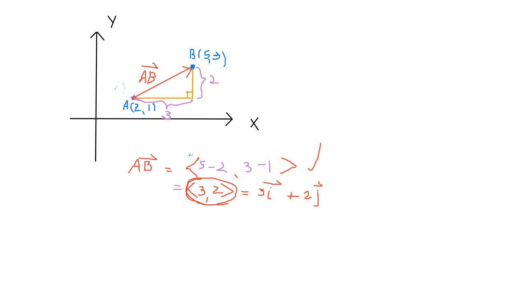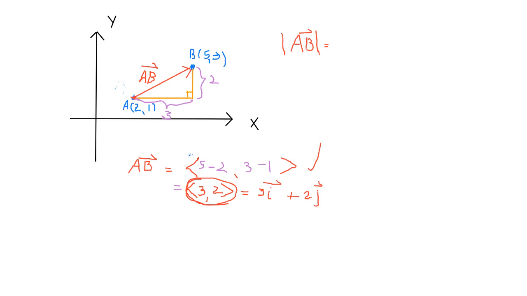What would the magnitude of the vector be? What would the length of that vector be? Let's talk about that also. How am I going to find the length of the vector AB? Okay, you're saying it equals root 13. Well, what special theorem can we use to find the length?